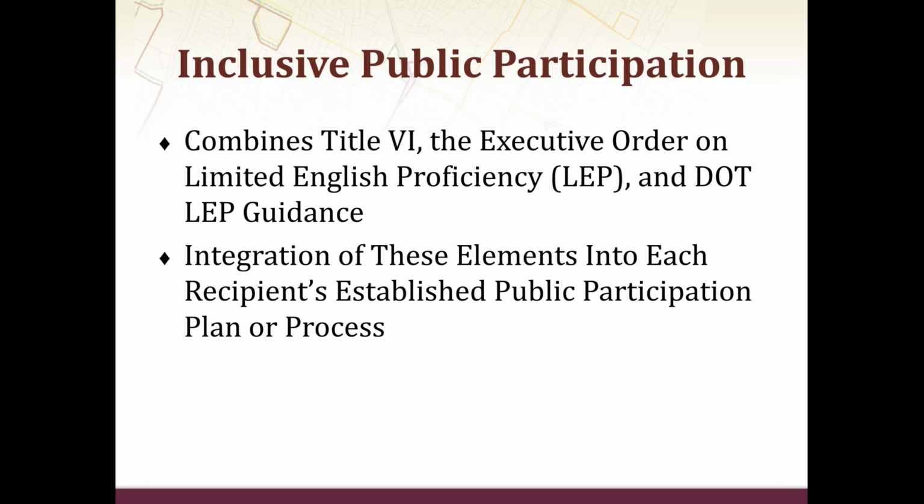If you have a really strong public participation plan, then that's probably one of the most important things, because as we were talking about before, people don't know what Title VI is. They know that they're being discriminated against, or they think that they're being discriminated against, but they're never going to reference Title VI. So just making them aware of the protections and what your obligations are as an agency under Title VI is crucial.